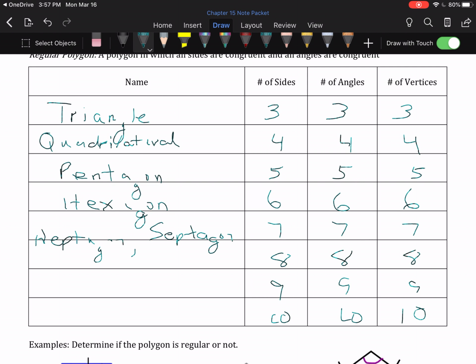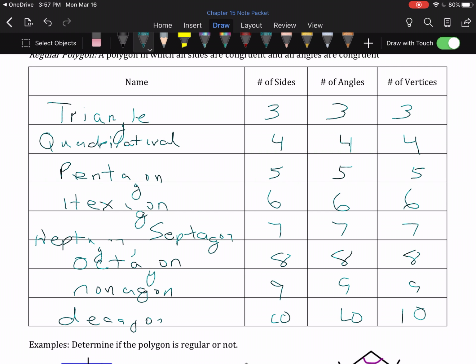Eight sides are an octagon. Nine-sided is called a nonagon, N-O-N-A-G-O-N, and 10-sided is called a decagon.